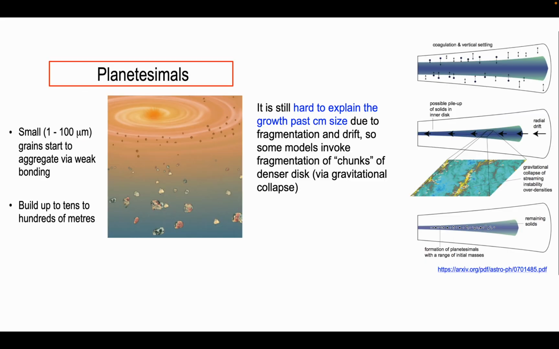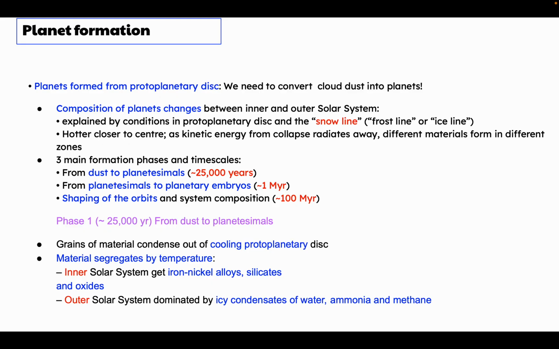So we'll learn about 3 key steps of planet formation. This first step is the most rapid. Here the grains of material condense out of cooling protoplanetary disks.